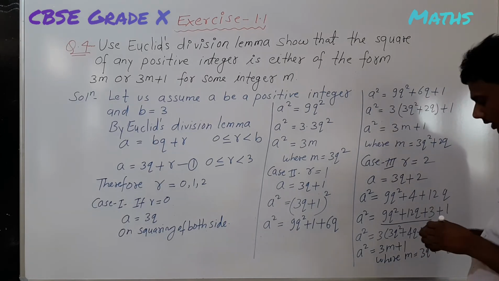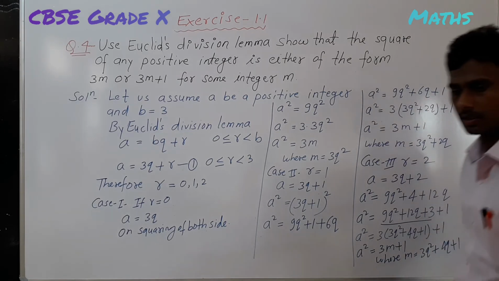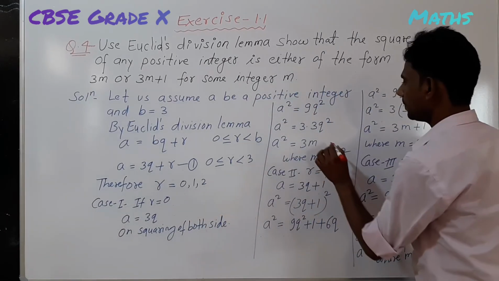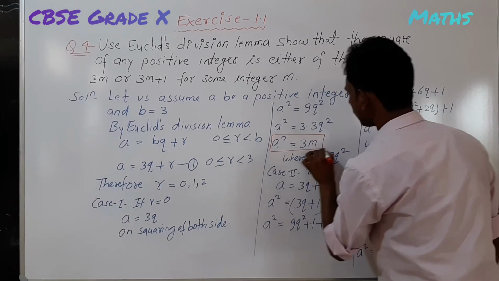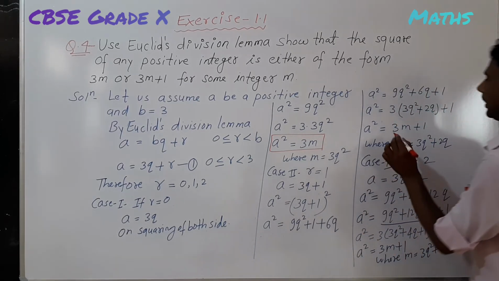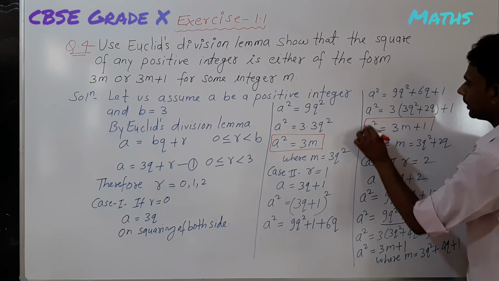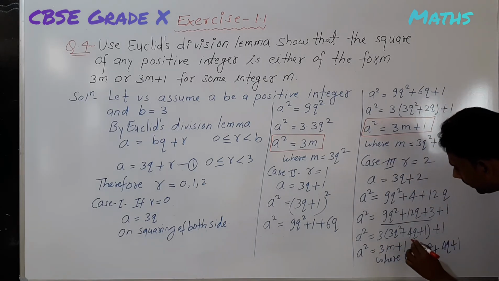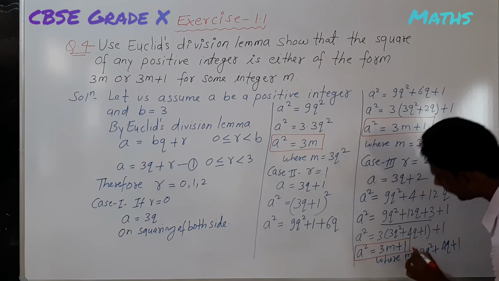So this is the first part. Hence you can see here, if r equal to 0, a square equal to 3m. If r equal to 1, then a square equal to 3m plus 1. If r equal to 2, then again a square is equal to 3m plus 1.